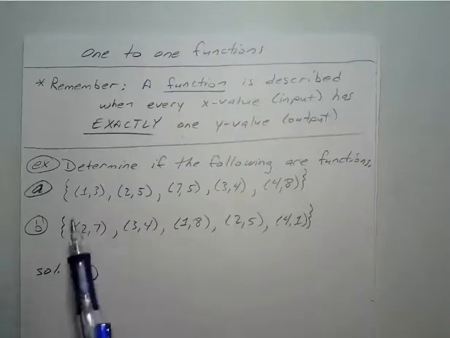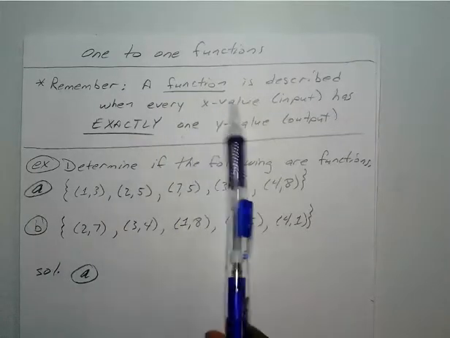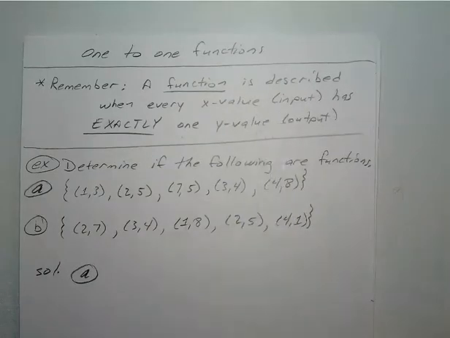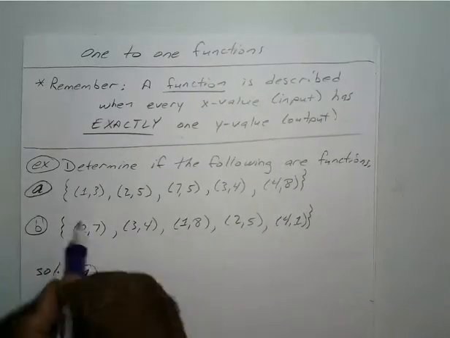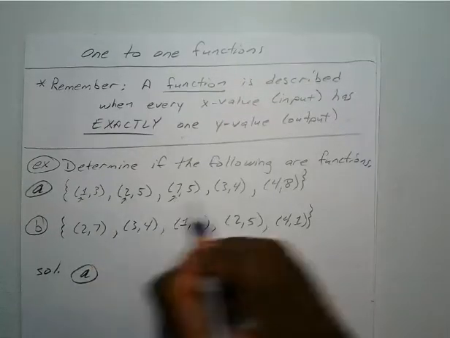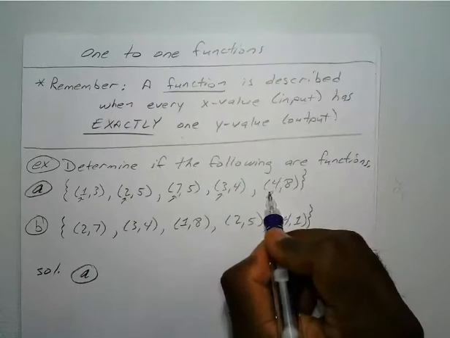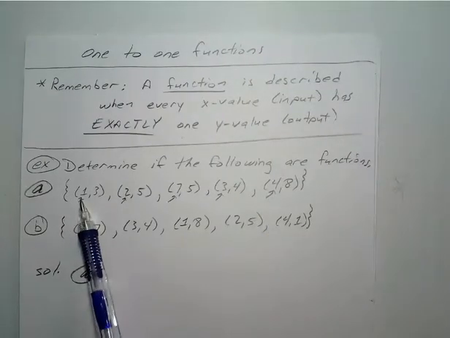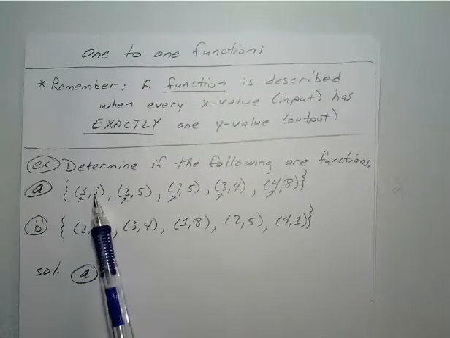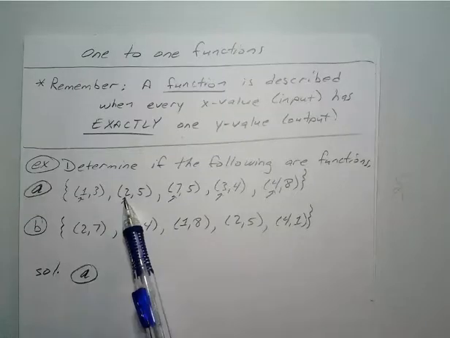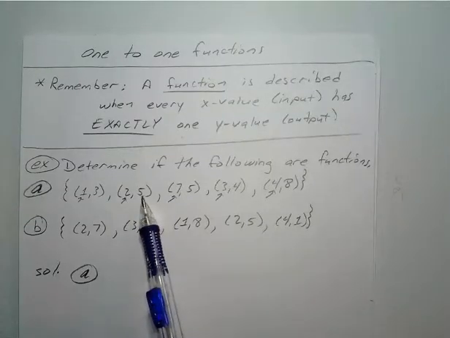If we look at problem A, remember every x value has to have exactly one y value. These are your x values: 1, 2, 7, 3, and 4. When x equals 1, there is only one y value, y equals 3. When x equals 2, only one y value, y equals 5.